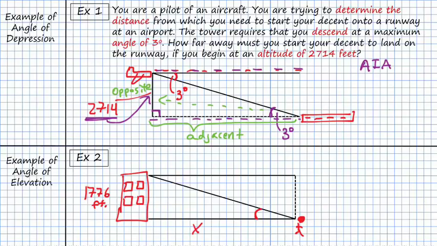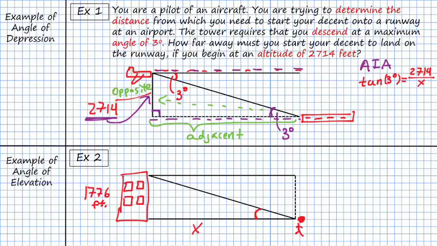So I've got adjacent and opposite, so that means that I'm going to use my tangent function. So now I can come over here and say that the tangent of 3 degrees is equal to opposite over adjacent. So that's going to be 2714 over x.